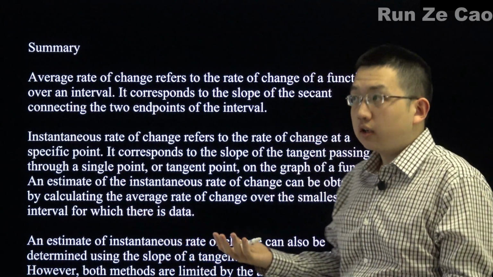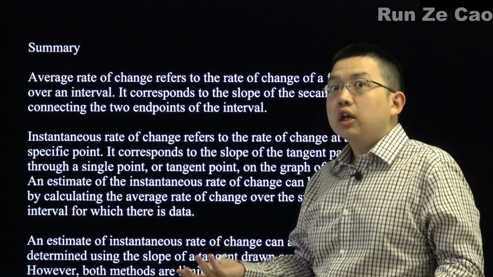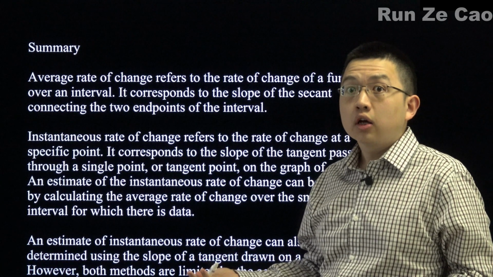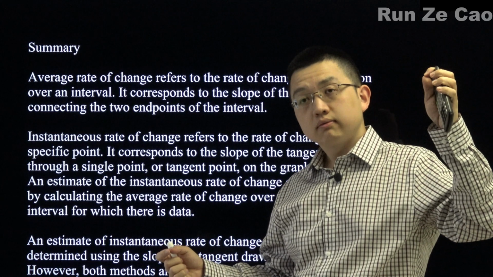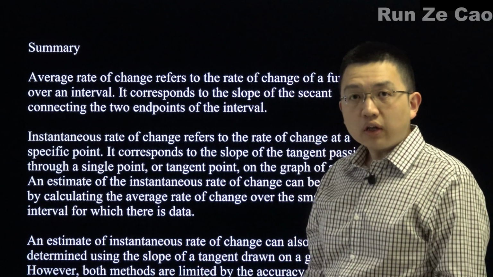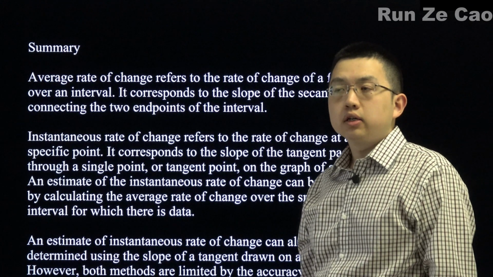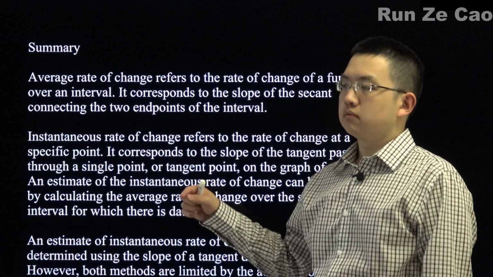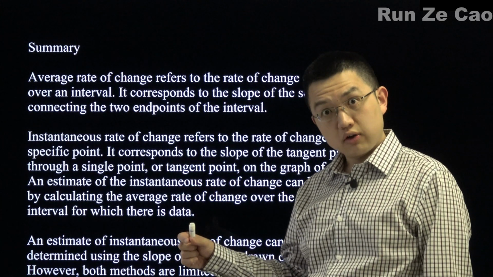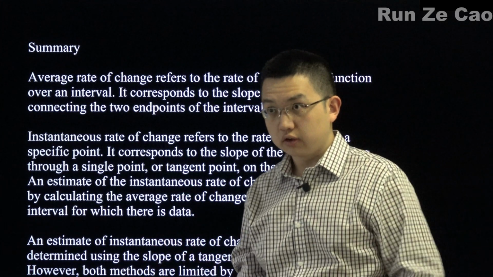Which is why, for average velocity, it's initial position and final position. This is very different from, say, average speed, which is initial distance covered and final distance covered.